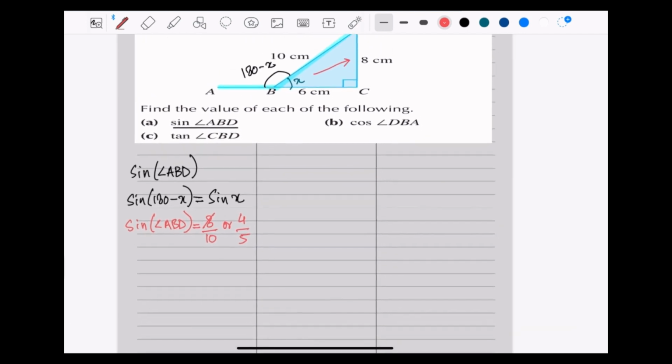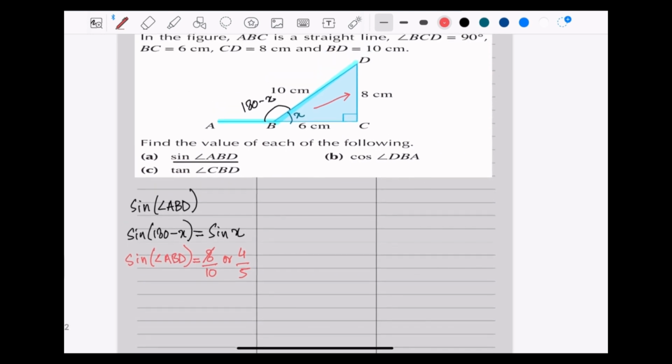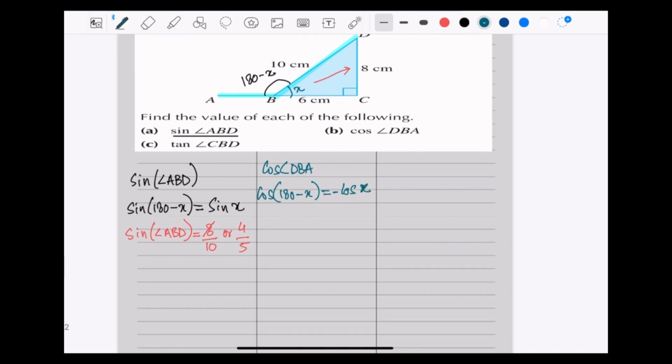So let's look at another example, cos of DBA. ABD and DBA are both the same angle. So cos of angle DBA, which we already named as 180 minus x, is equal to negative cos of x. So all I have to find is cos of x.